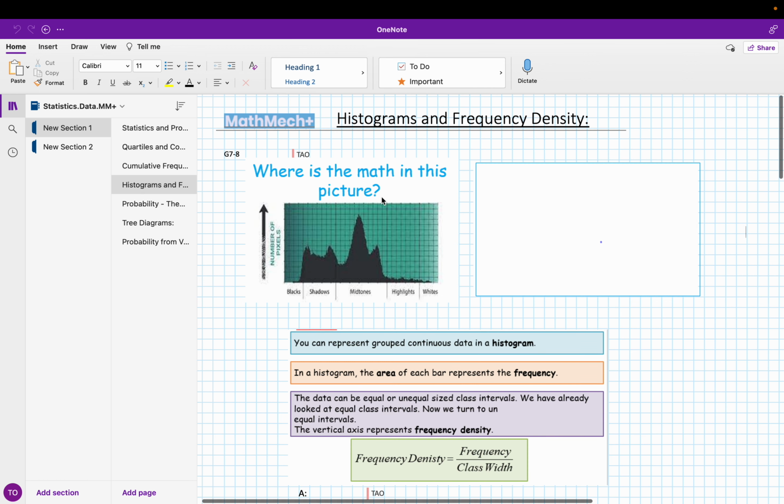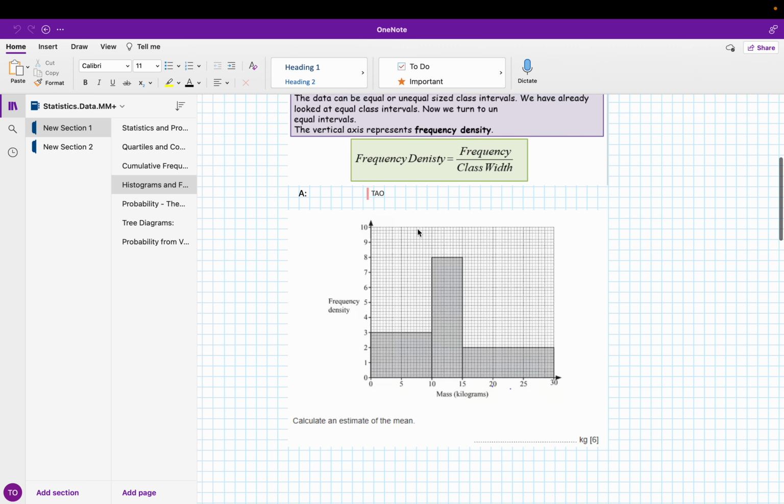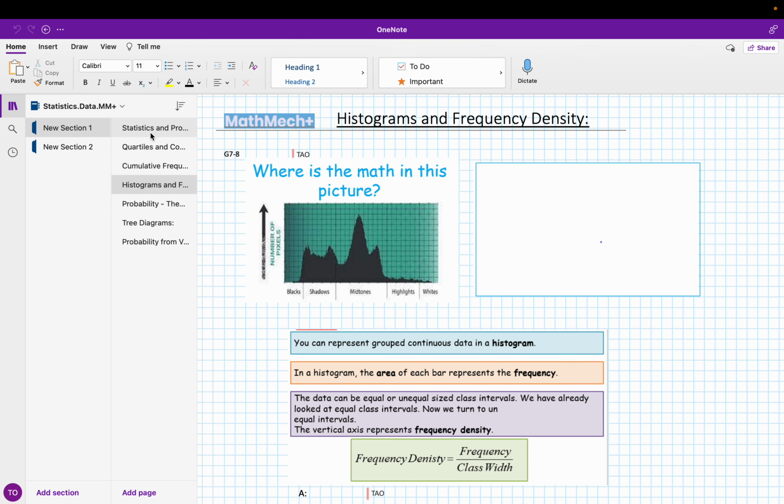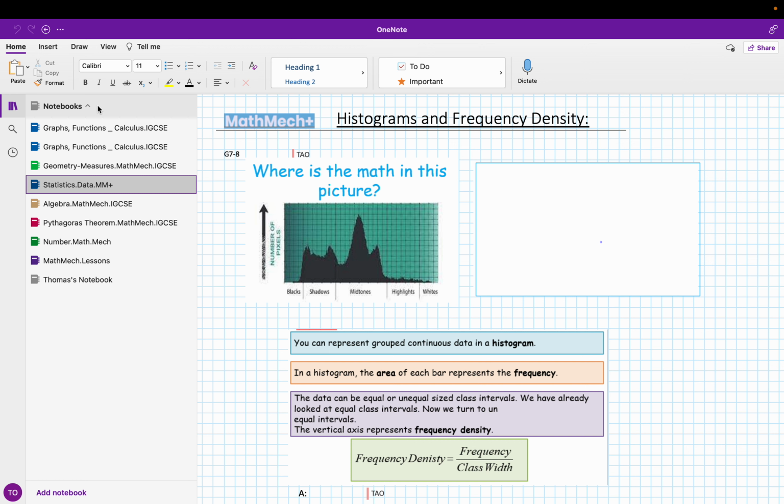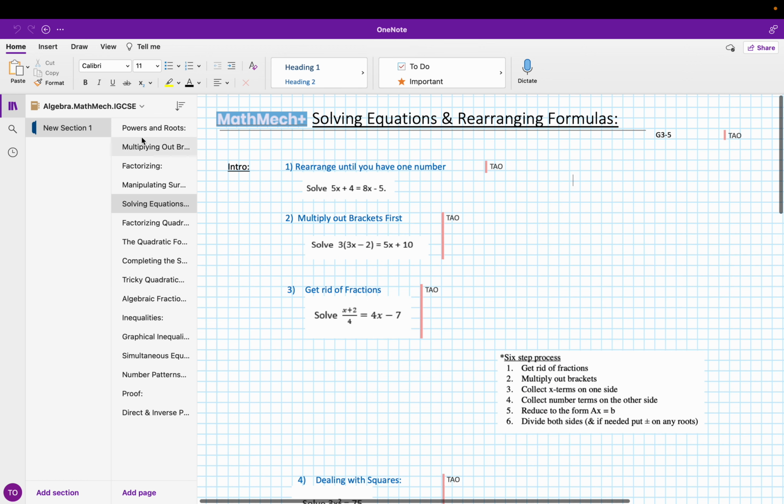Okay, histograms. So here's an example of real life, well, photographs. Photographs use histograms in this context, if you've ever seen that in a digital camera. And there'll be questions on probability and the other aspects of statistics that we see in grade 9, grade 10.